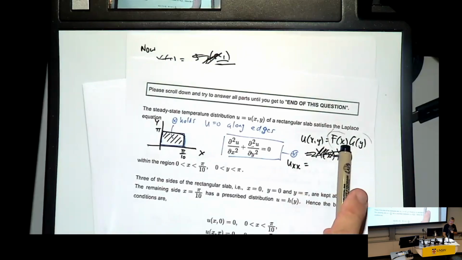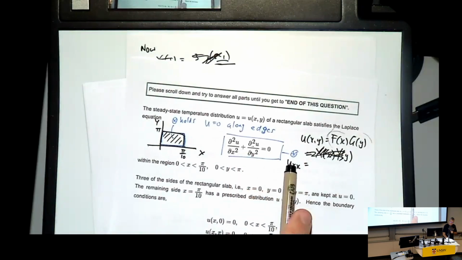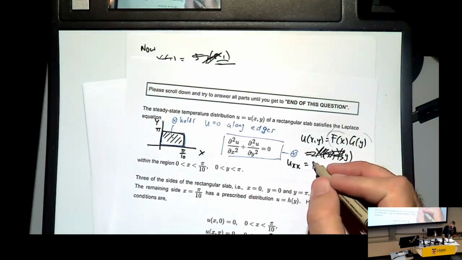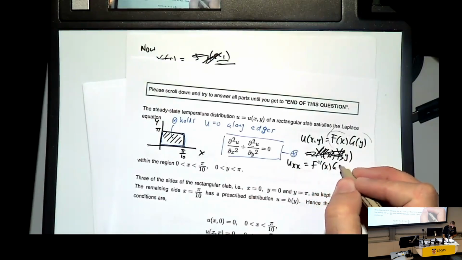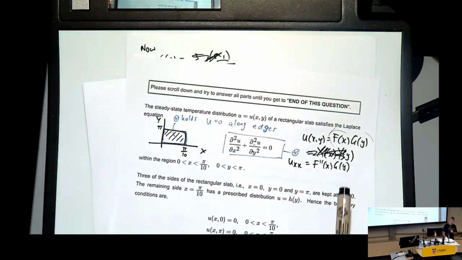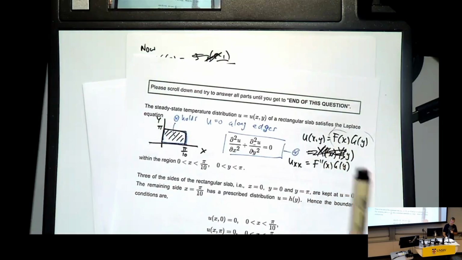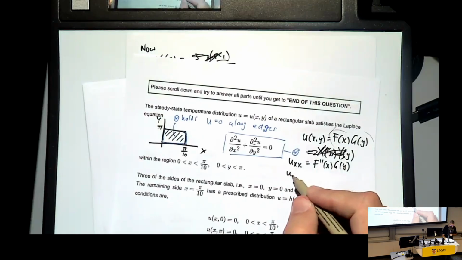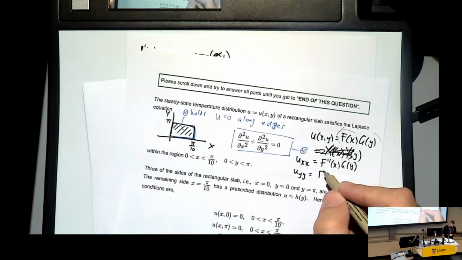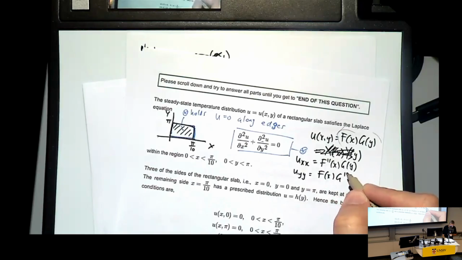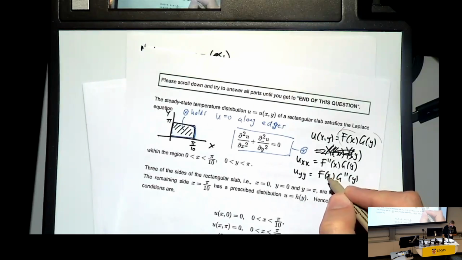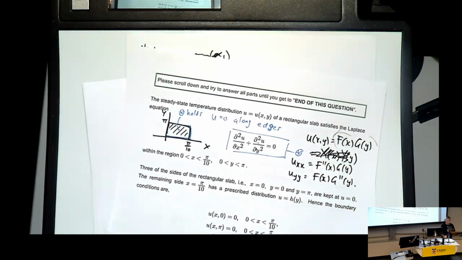So if that's my guess, and I want that, it's going to be, yeah, because this bit doesn't depend on x, so I'm only differentiating this bit. Well, that's ordinary derivatives. Okay?